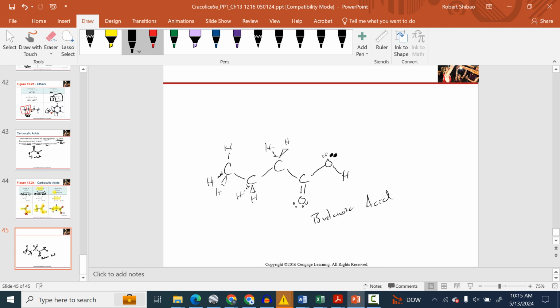And so what people do is they'll do this structurally. We have a CH3 on the end, followed by CH2 in the middle, followed by another CH2 in the middle, followed by COOH on the right end. And so this would be the condensed structural. We call CH3 groups methyl groups, and these CH2 groups also have a name. Those are called methylene groups. So this is a methyl group here, and the middle carbons in the chain are methylenes.